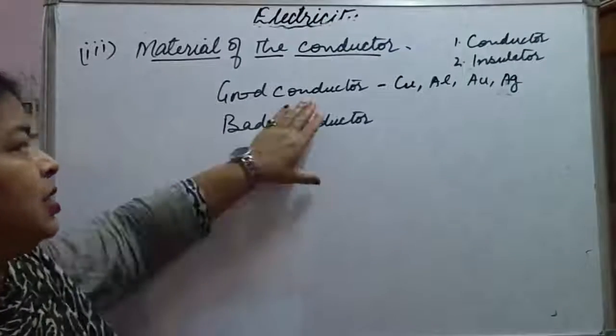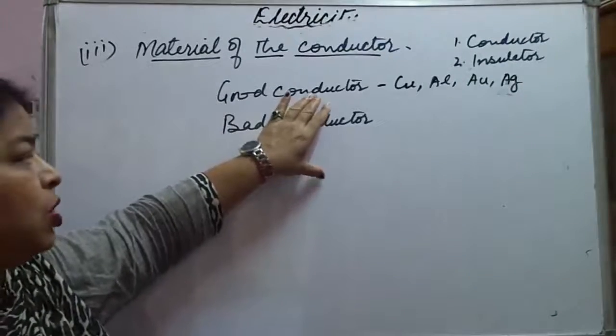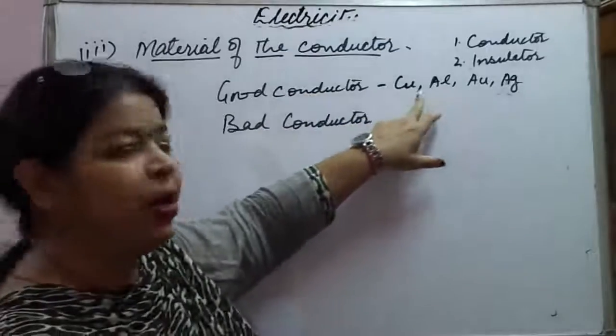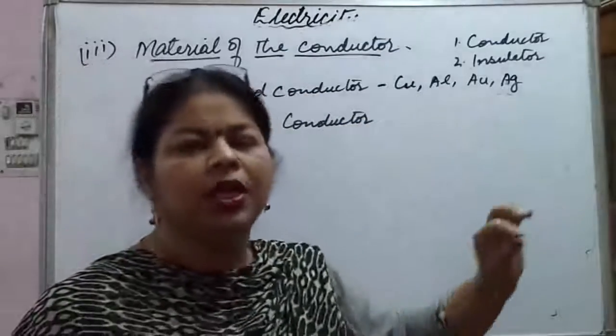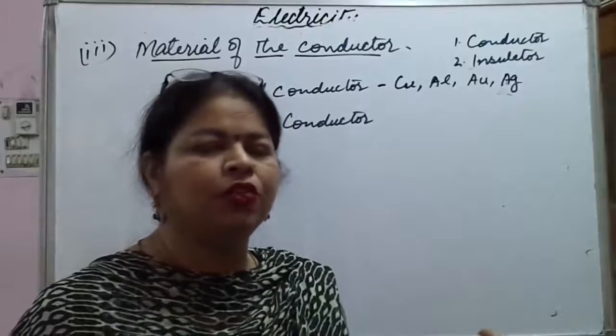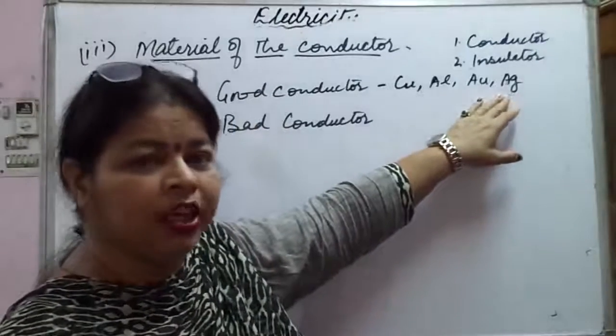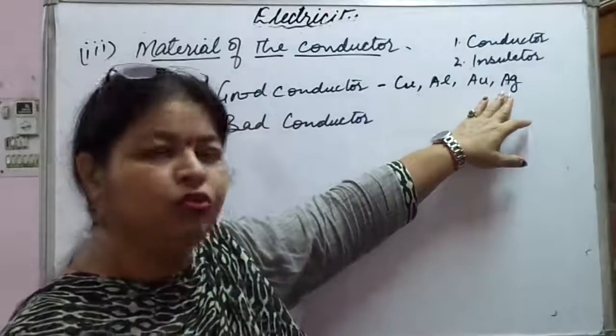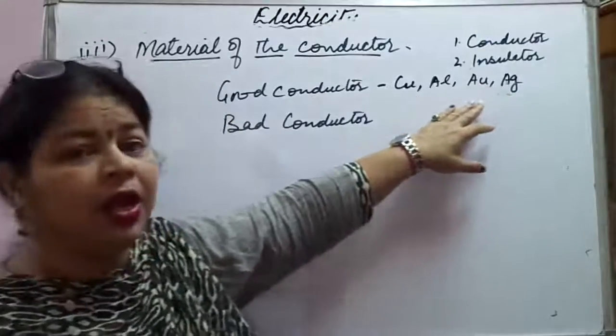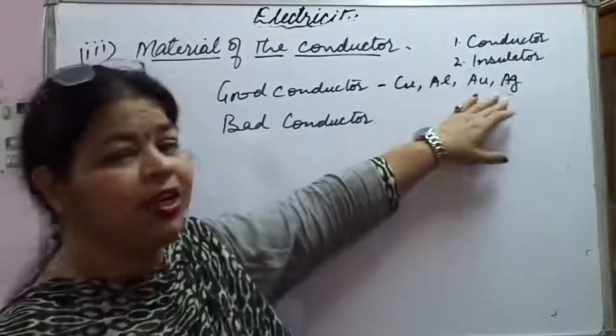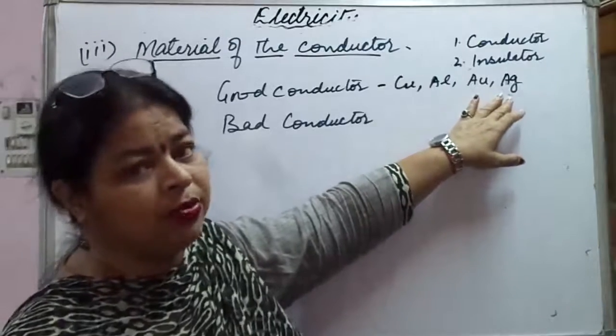Because of this property, copper and aluminium are used for domestic circuits. Gold and silver are not economically viable, which is why we do not use them, otherwise they are superior to copper and aluminium.